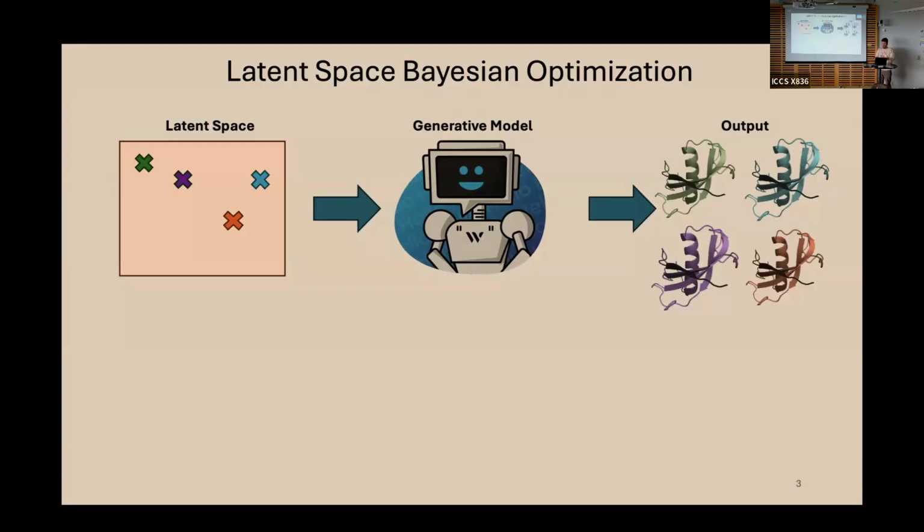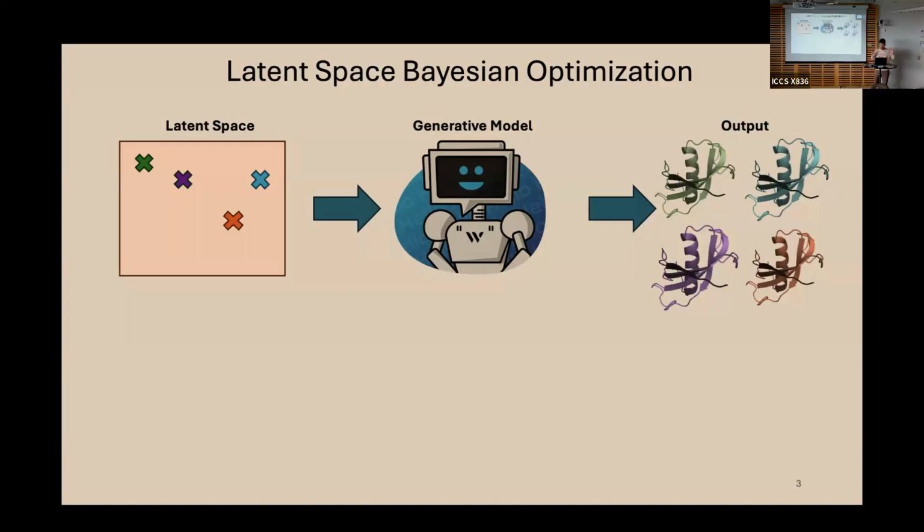Well, a lot of times what it looks like is I'll do some kind of random sampling procedure in the latent space. With a VAE, that might be a variational autoencoder, that might be sampled from a Gaussian, pushed through a generative model. It might be some kind of diffusion process where I also sample from a Gaussian and then push it through an even more complicated process to get a peptide out, right? Whatever that process is, there's some randomness that happens here, and out come peptides.